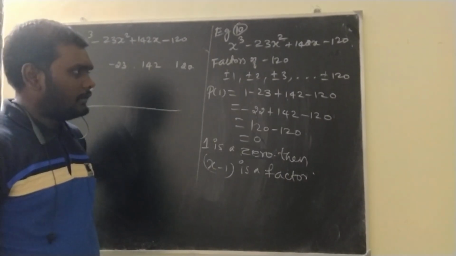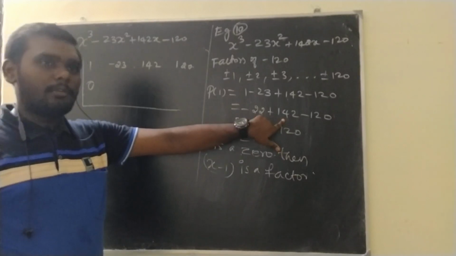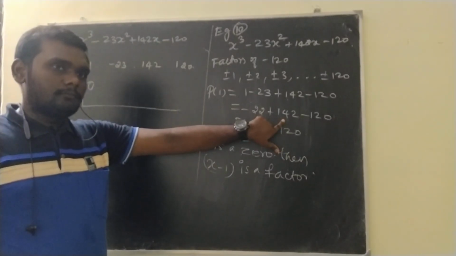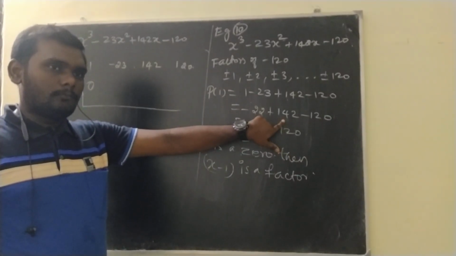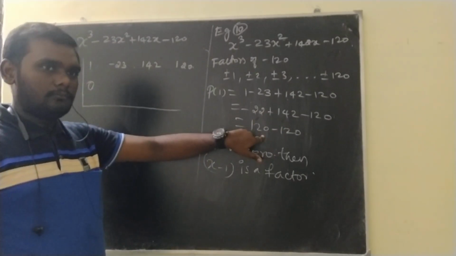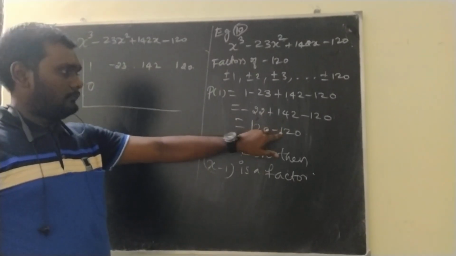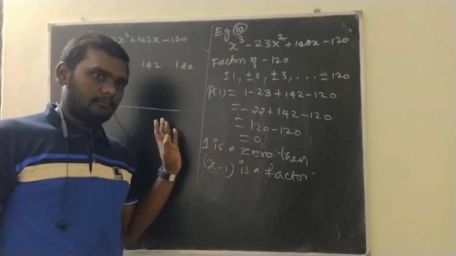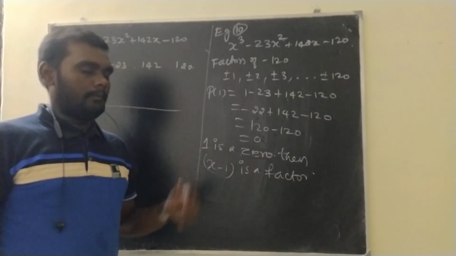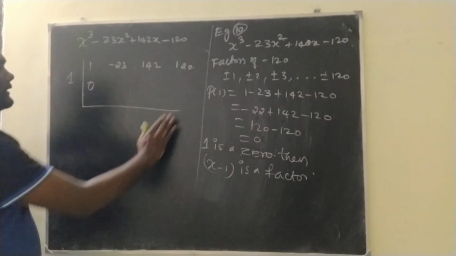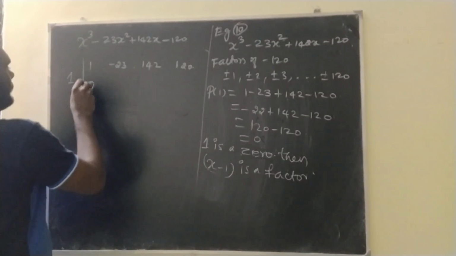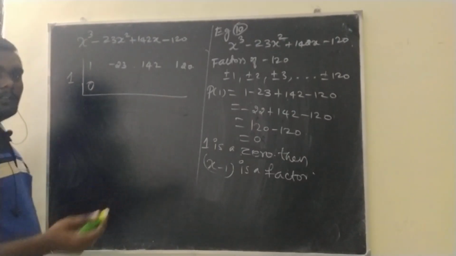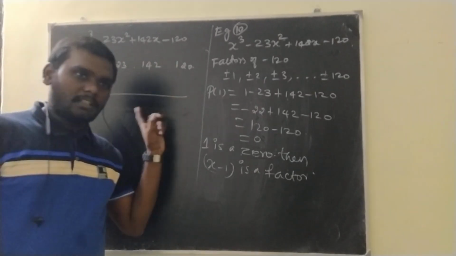Minus 22 plus 142, see, minus 22 plus 142 is what? 120. Okay. Any other thing? Okay, good. See, we'll start with the 0. It works like this. Are you familiar with this method or not?